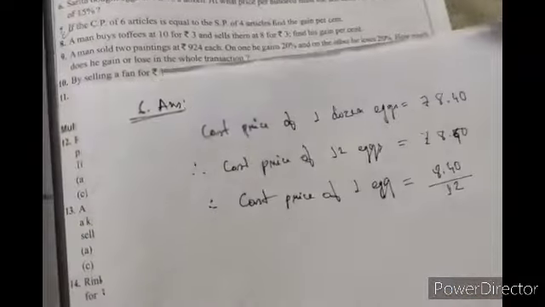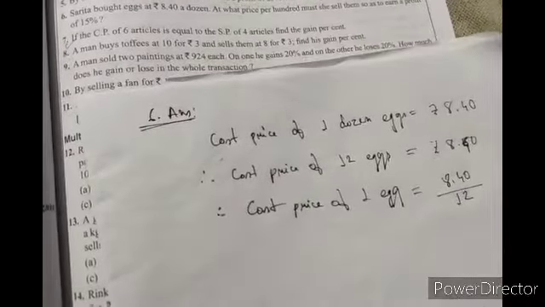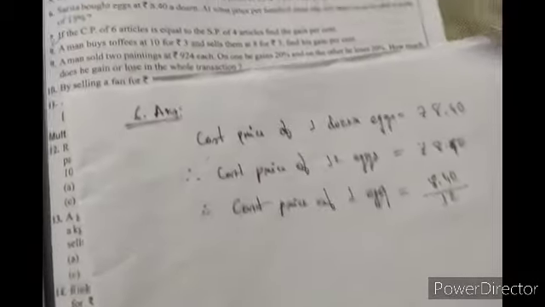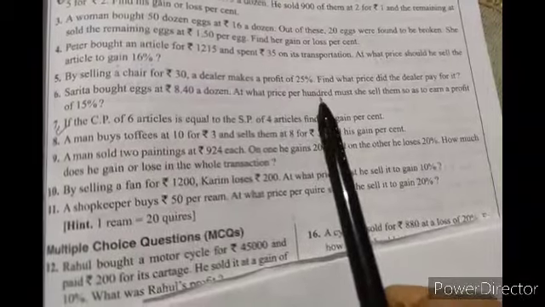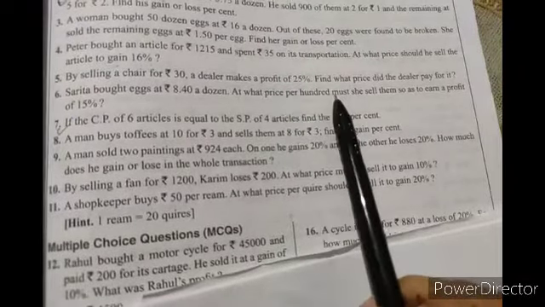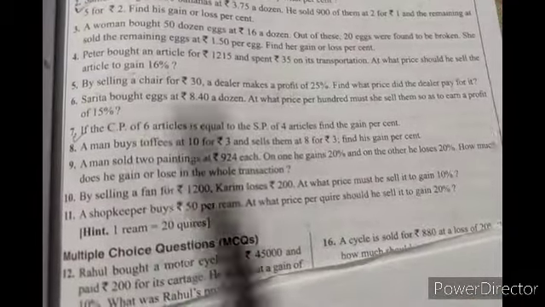Now see, we will calculate the cost price for 100 eggs. Why will we calculate this cost price for 100 eggs? See, read the question. At what price per 100 must she sell them so as to earn a profit of 15%?